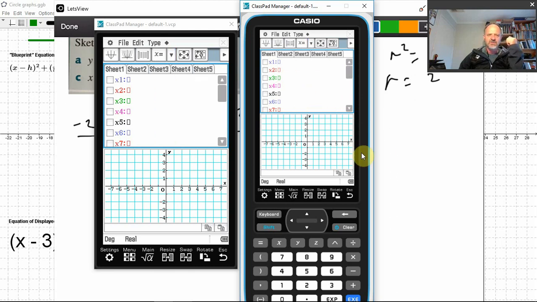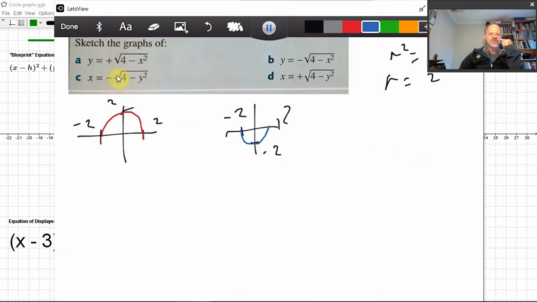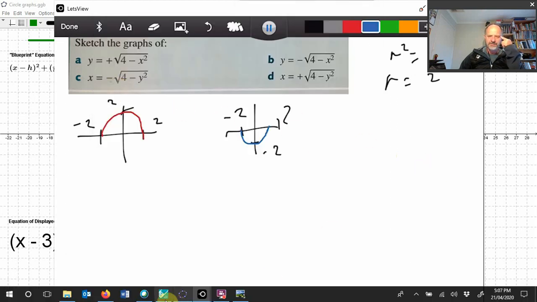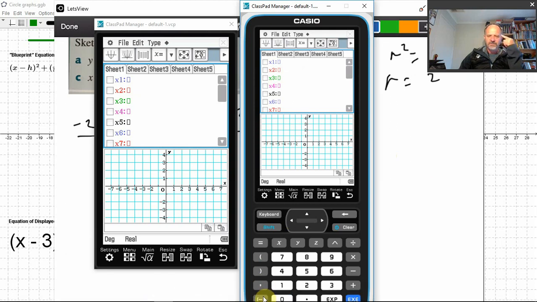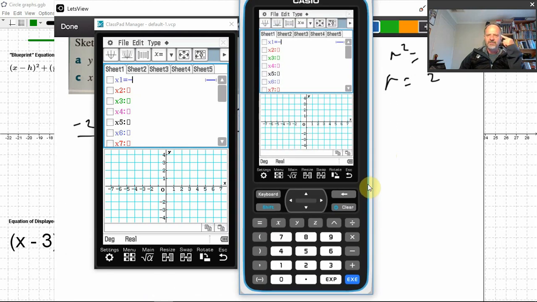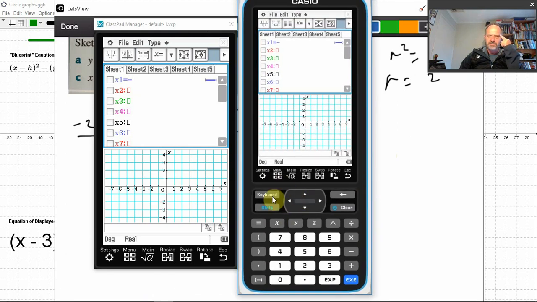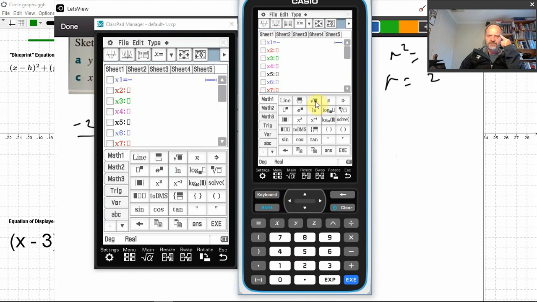So x equals, and what's it saying? This first one's saying negative square root of 4 minus y squared. So we got negative square root of 4 minus y squared.